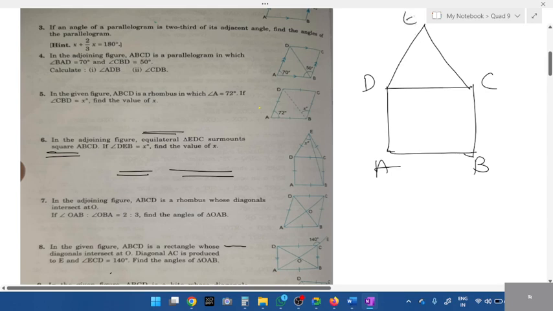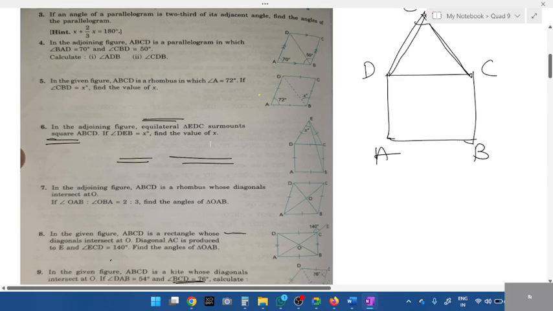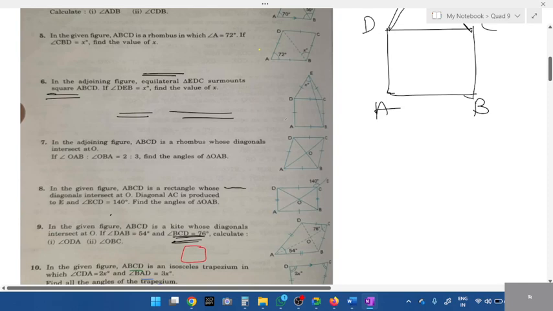How many sides are equal in an equilateral triangle? All sides are equal. Do you have the notes for all this? Can you respond? What about these two questions? I have done all the questions, students. Do you have the notes for all the questions?